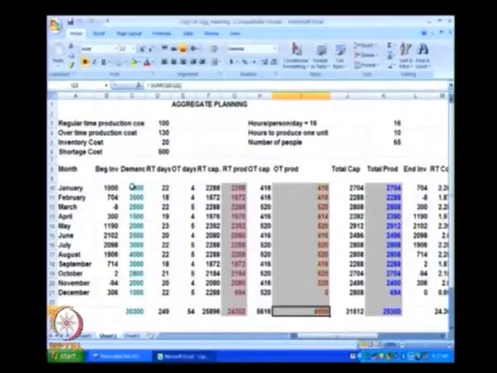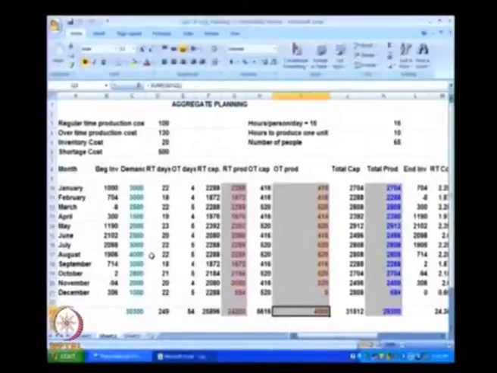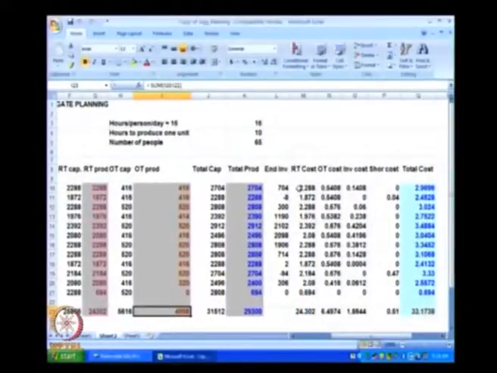So, right now considering one product, given the demand for a certain number of periods, given the regular time capacity and the overtime capacity, the user has to decide on the total production quantity, which will be split into regular time production quantity and overtime production quantity, using the balance equation that beginning inventory plus production less demand is equal to ending inventory, and ending inventory in a month becomes beginning inventory of the next month, and the costs associated with regular time production, overtime production, inventory and shortage.